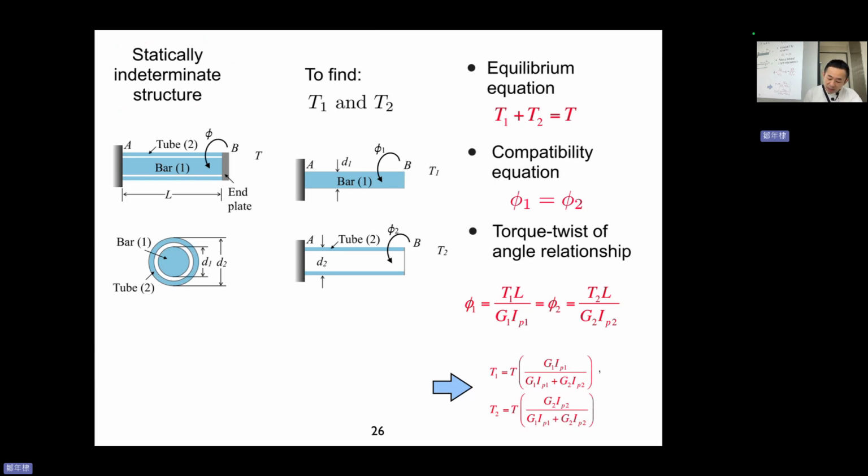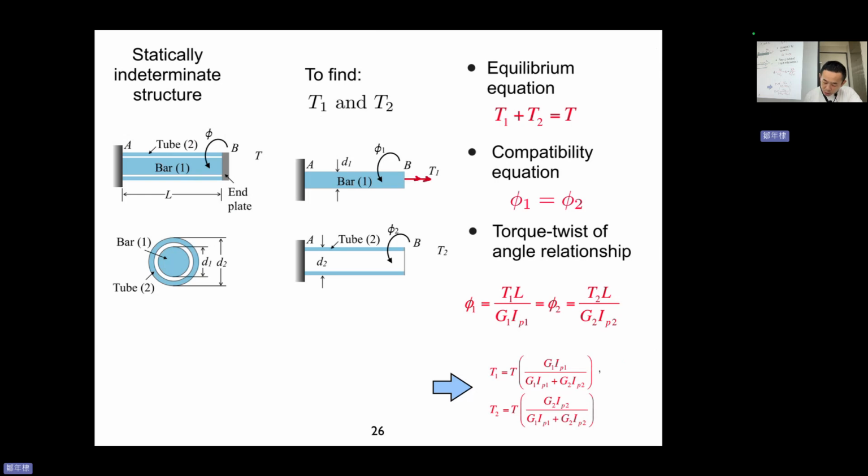It is fixed at a wall, and an end plate fixes two materials. The first one is bar 1, the other is tube 2. You have different cross sections, and we need to find T1 and T2.